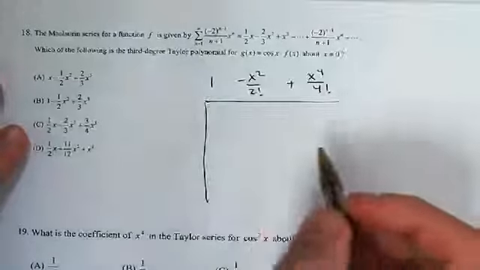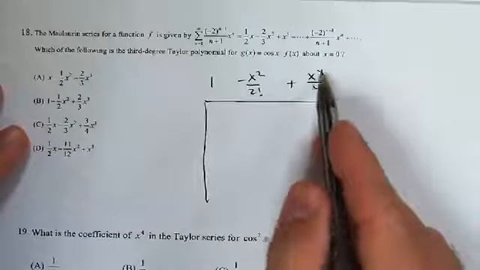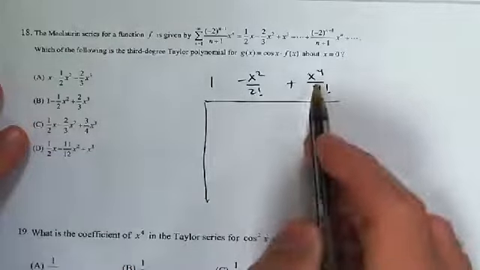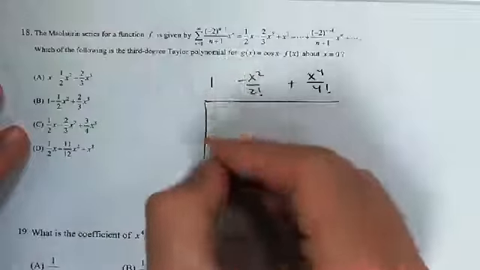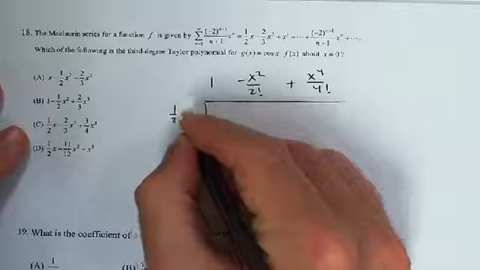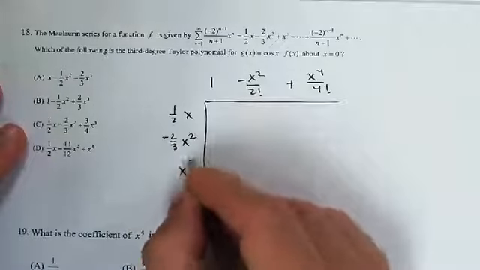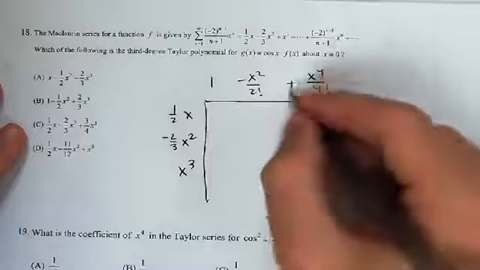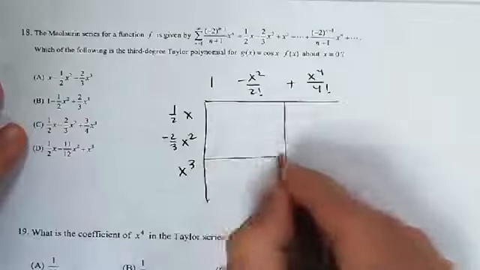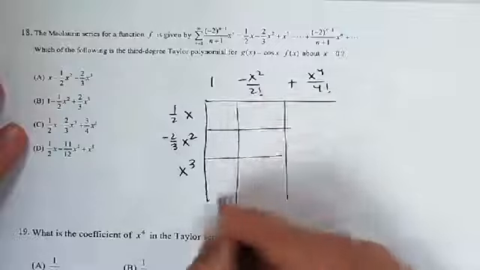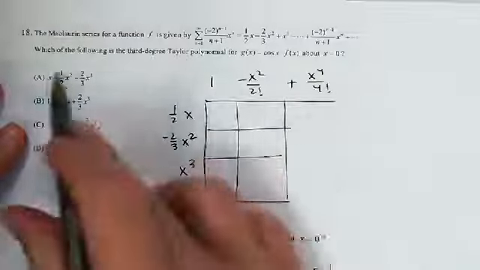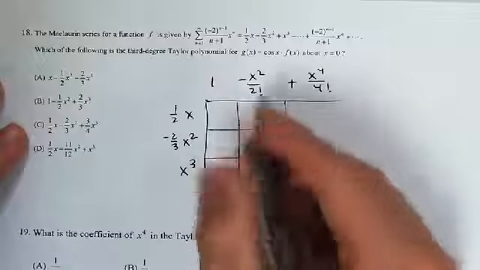I'm going to use the box technique. Really is the way to go. This is higher than third degree, so I'm not even going to need to worry about this. And so what I'm going to do is say 1/2 x, negative 2/3 x squared, and 1 x to the third is what I'm going to need. Really only caring about these places, and I need all of the terms up to the third degree.